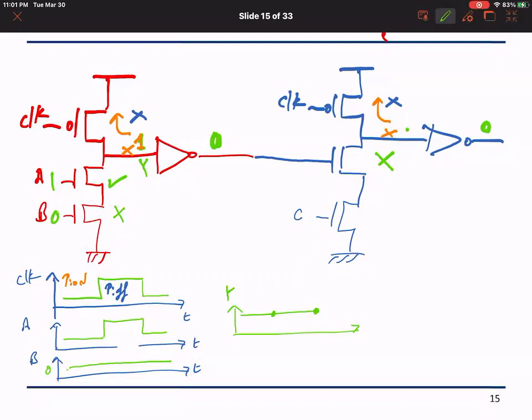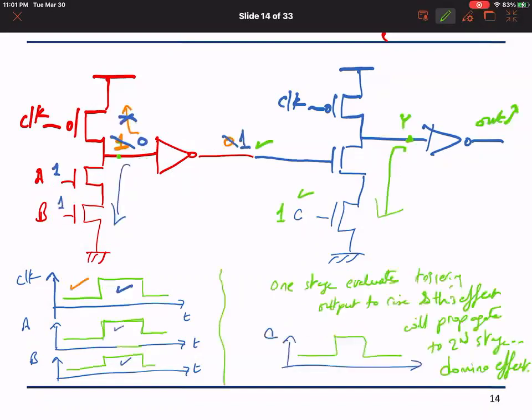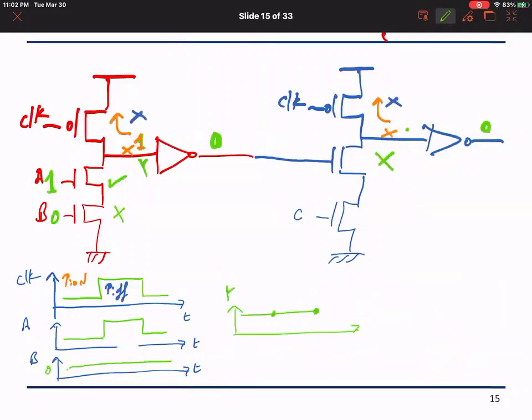So basically, depending on the value of the inputs, they may or may not discharge the node, and therefore the output may or may not propagate to the next stage. As in here we saw an example where A and B were 1, and this led to discharging this node, raising this, which also pulled down this node, and the output rose, whereas when B is 0, it prevented the discharge of this node, the out remained 0, and therefore this block did not evaluate.